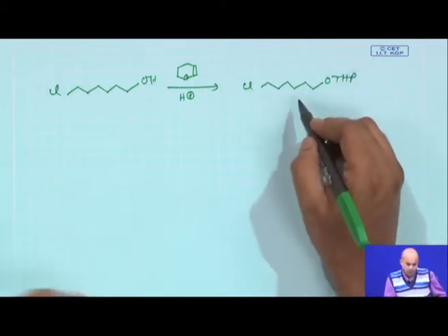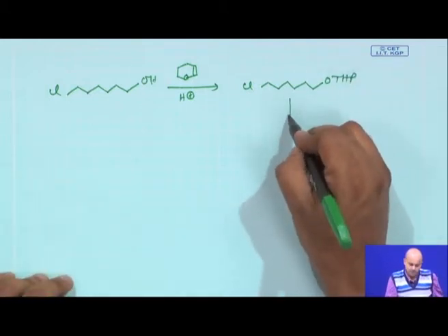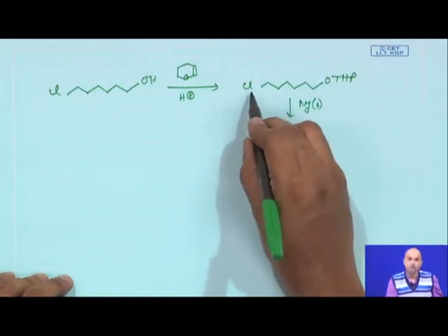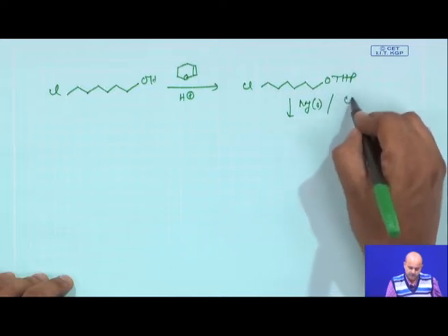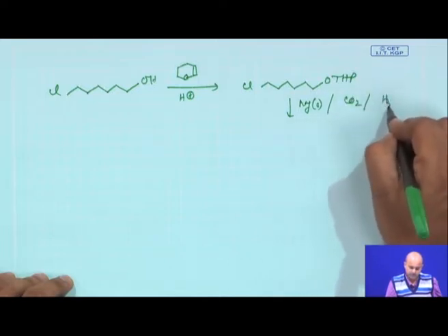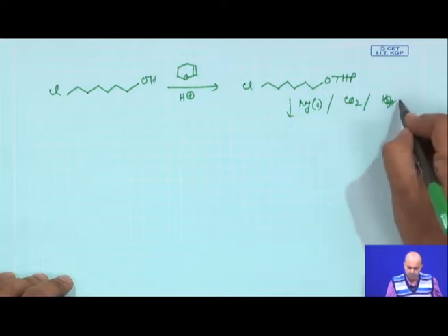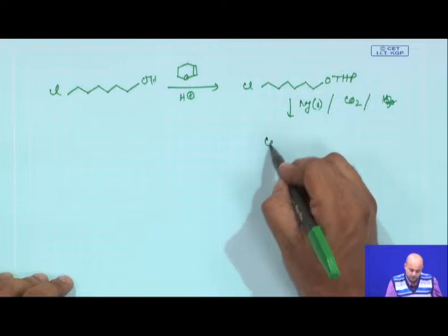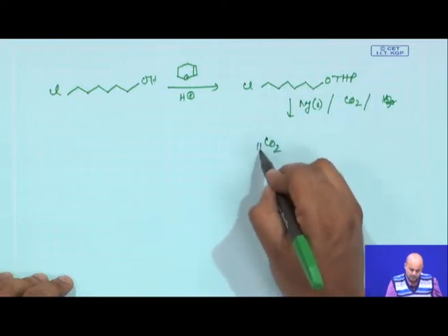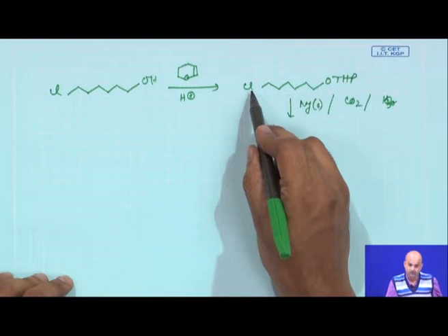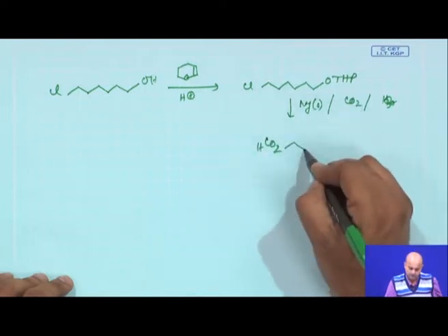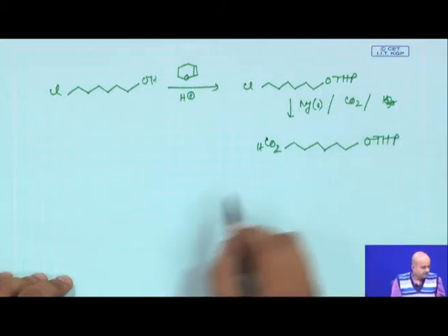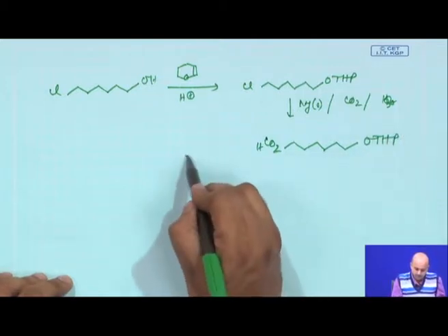Okay. Now, we said we will do the next FGI. We are doing a magnesium treatment, magnesium metal, that will give you MgCl. Then we react with carbon dioxide followed by H3O plus or simple H plus treatment, that will basically give you a CO2H, meaning the initial magnesium chloride reacts with carbon dioxide, and the THP group remains similar.